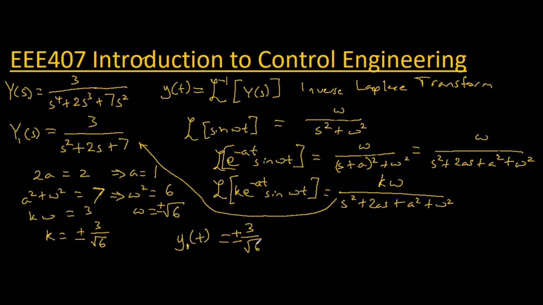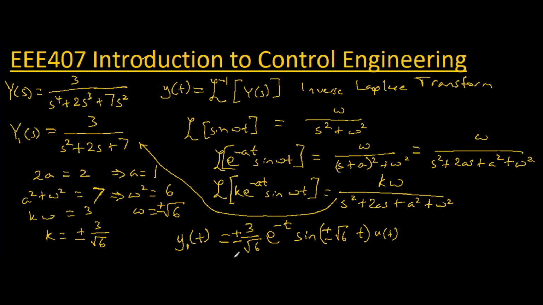So plus or minus 3 over root 6, e to the power of minus t, since a is equal to 1, sine of plus or minus the square root of 6 multiplied by t. And this is my time function. Ideally, I should also include my u of t over here, so let me write it there, u of t. Maybe I should put this in parentheses so that we know that all of this is for the sinusoid.